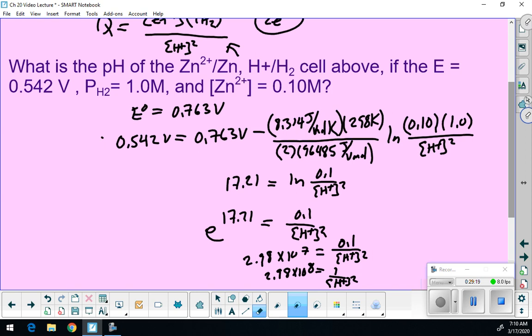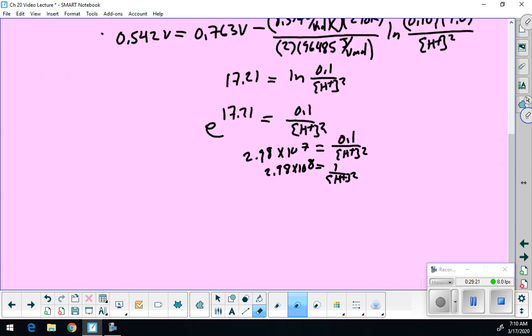So what am I going to do? I'm going to take the inverse. So when I take the inverse, I flip everything on its head, and I get 3.345 times 10 to the minus 9th is equal to my H plus squared. Take the square root of that.